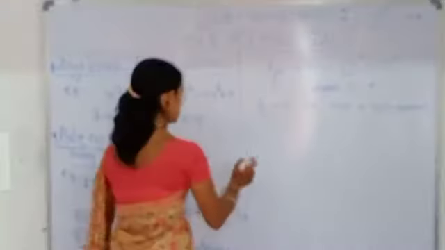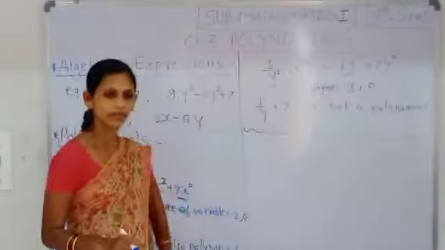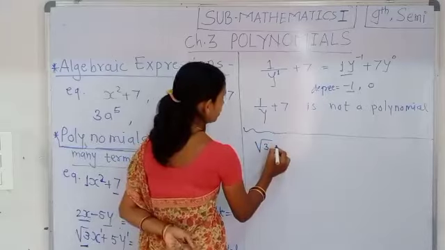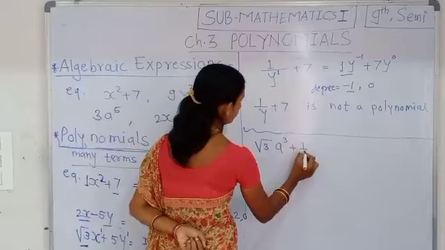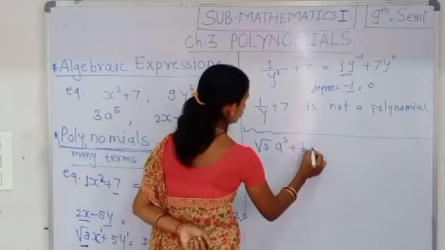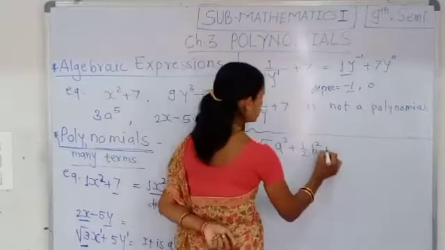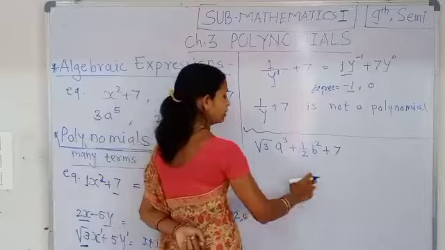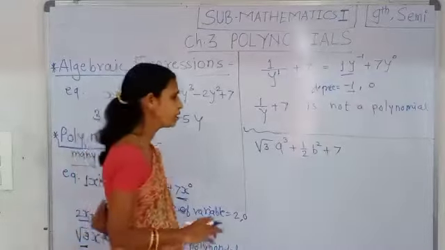See here, there are a few examples given, that is root 3 a cube plus 1 upon 2 b square plus 7. Is this algebraic expression a polynomial or not?